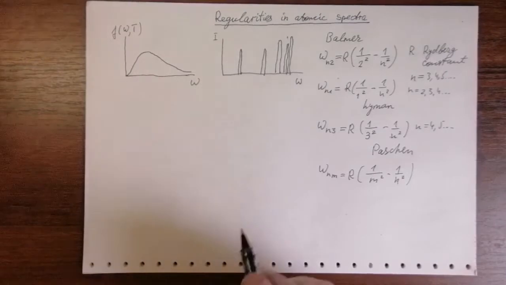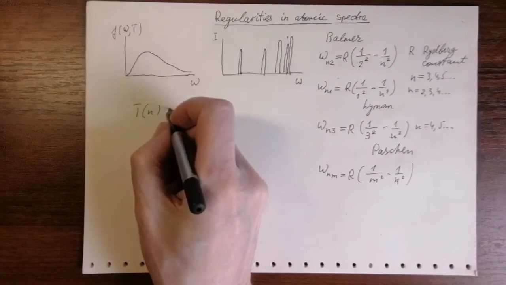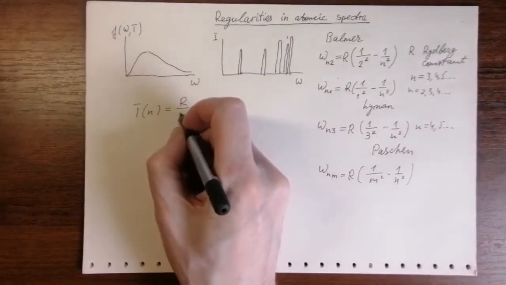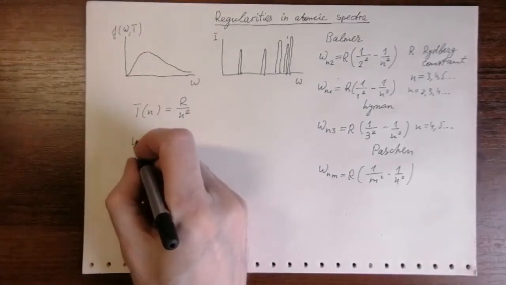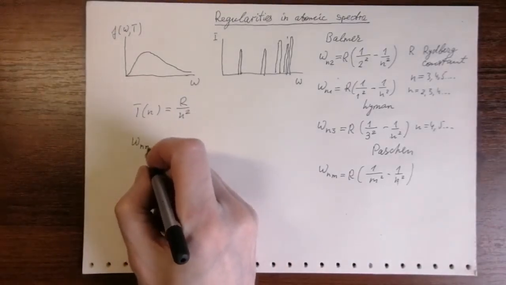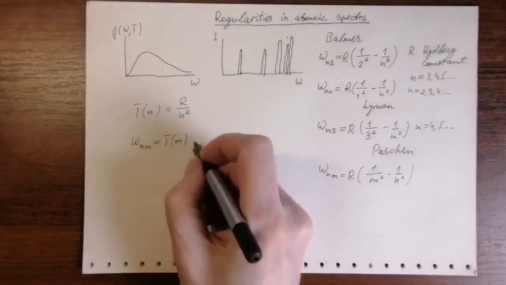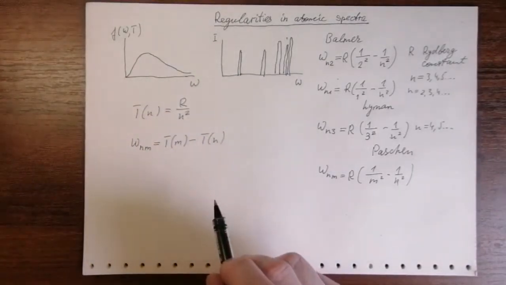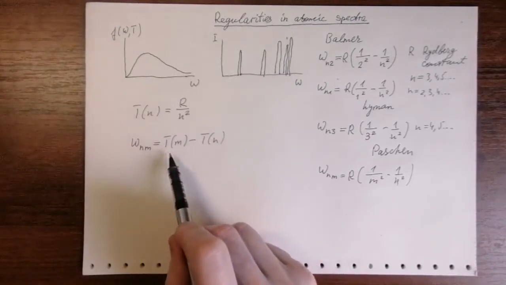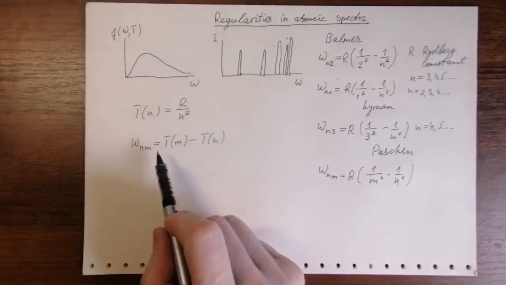If we denote T of n as R over n squared, then we can say that omega n m is T of m minus T of n. These T are called spectral terms, or simply terms.